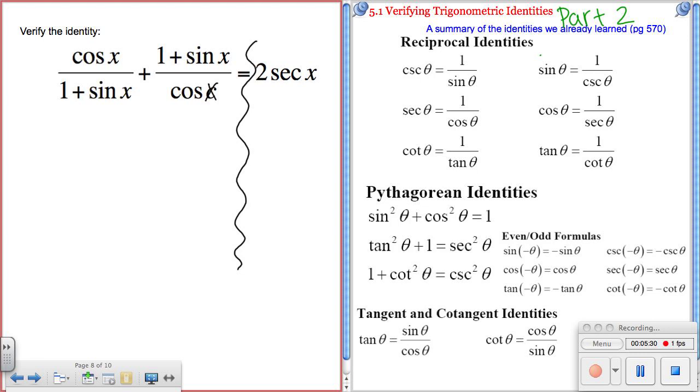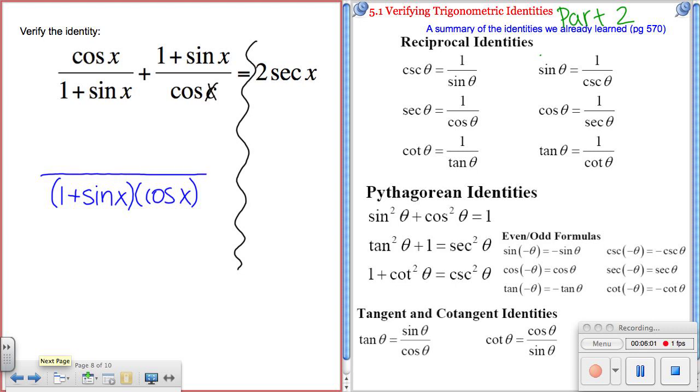Remember, to add fractions together, I need a common denominator. Now, if I see 1 plus sine x as one denominator and cosine x as the other, I think the common denominator is going to be those two things multiplied together, 1 plus sine x times cosine x. That's going to be my common denominator.